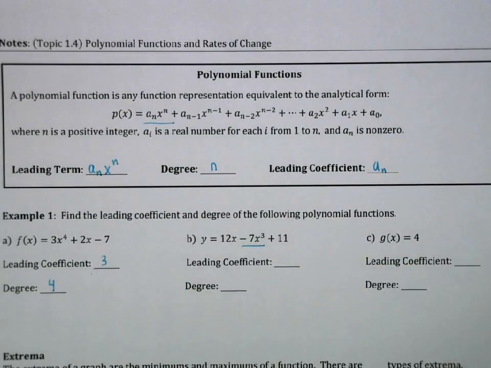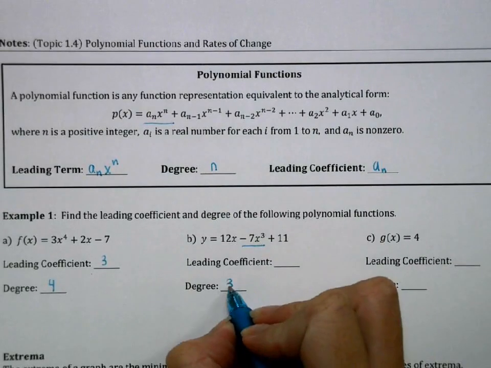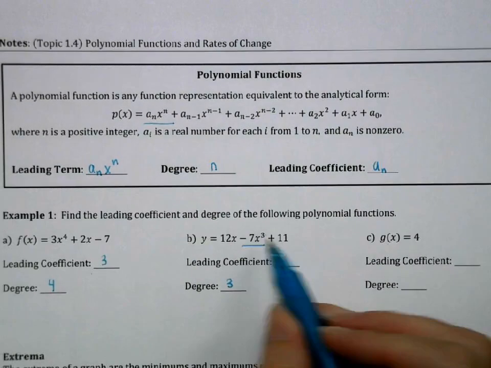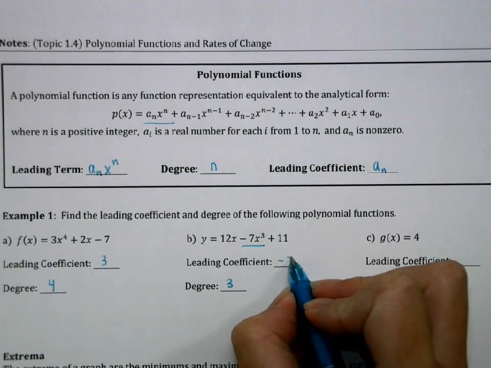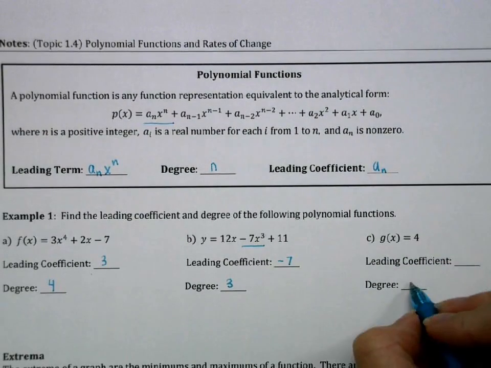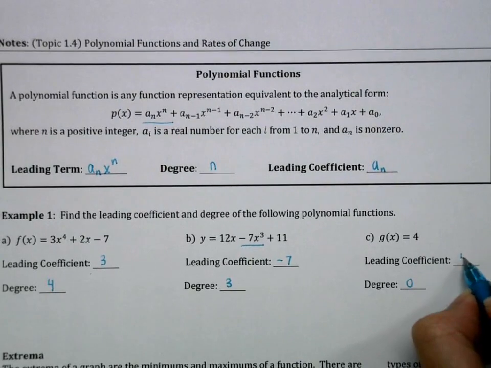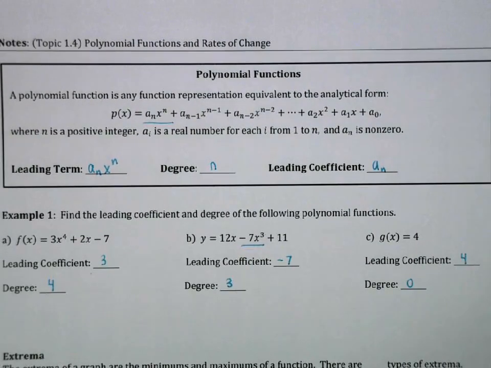But I think at this point you can tell that's our term that we care about. My highest power is 3, so my degree is 3, and the coefficient there is -7. The last one, the degree would actually be 0, because if there's no x, that means the degree would be 0, and the leading coefficient would just be 4.